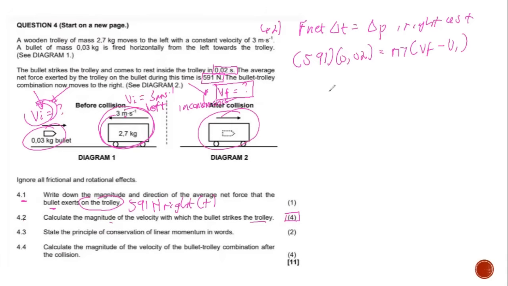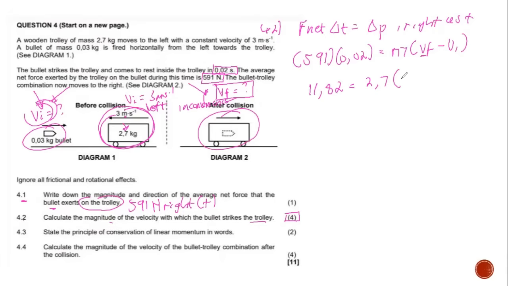Now, obviously, I need to punch this into my calculator, 591 times 0.02. And then this is giving me 11.82. Now, the mass that I'm going to use is that of the trolley, right? So it is 2.7 because this is the net force that has been experienced by this trolley, the wooden trolley.